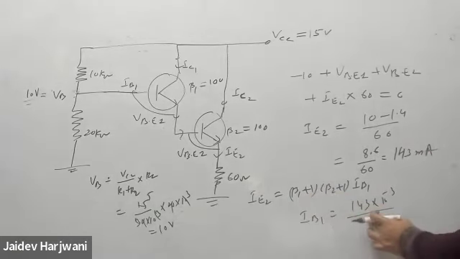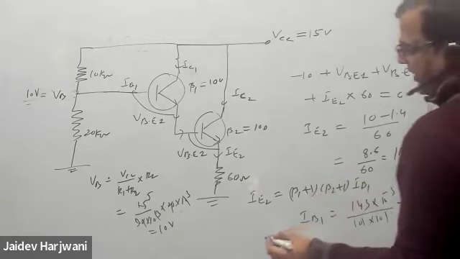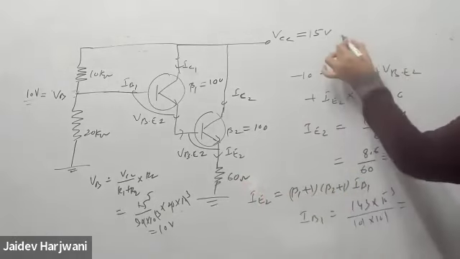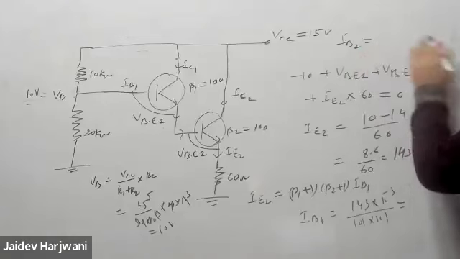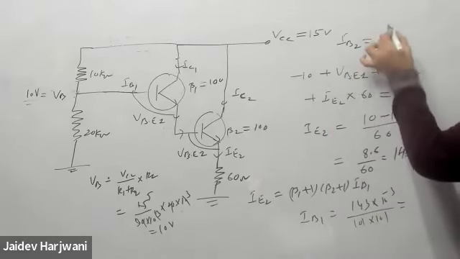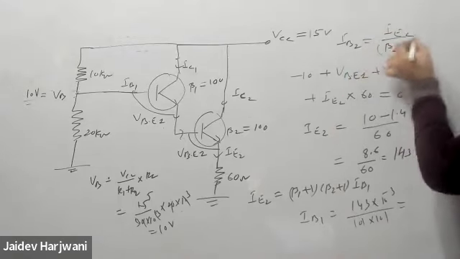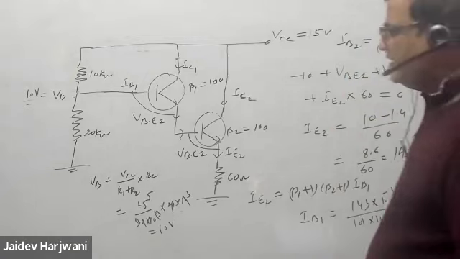How much will come? 101 into 101. You can find IB1. Similarly, if you want to find IB2, IB2 is your IE2 upon beta 2 plus 1. So like this, you can find everything here.